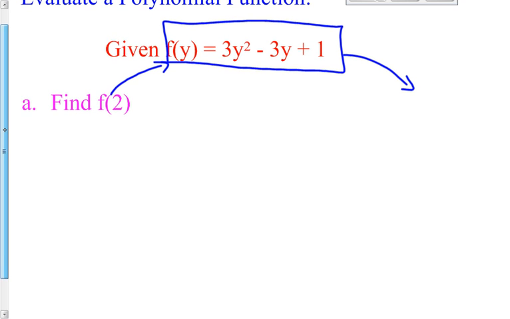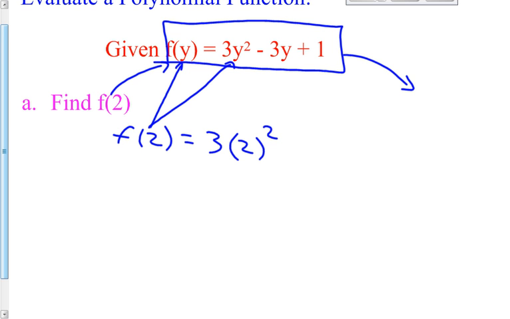So for this one, f of 2 now equals 3 times y, which now y is the number 2. So I'm going to put 2 in for this y. So 2 squared, minus 3 times y, which is no longer y, it's now the number 2, plus 1.